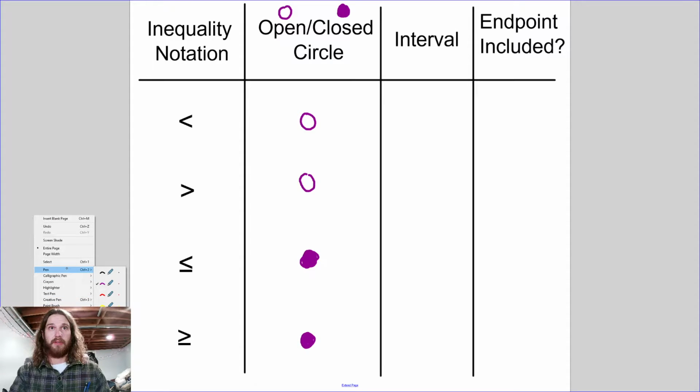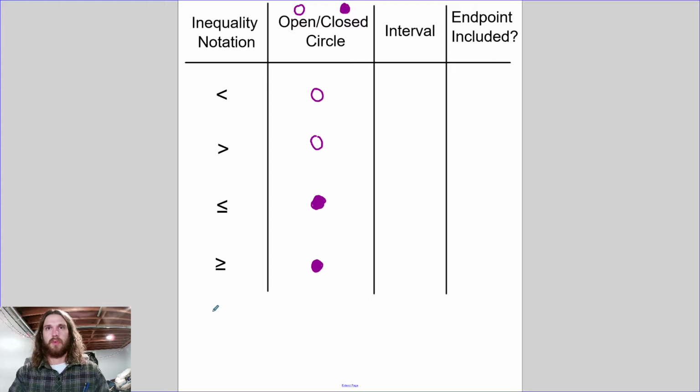Really quickly, I am missing one thing in this chart that I would like to add. Let me drag these down really quick.